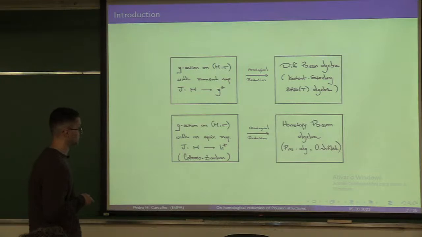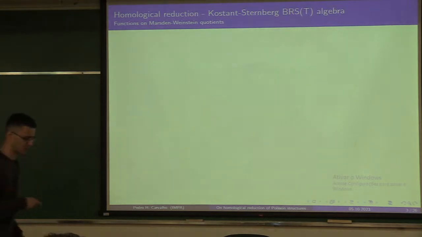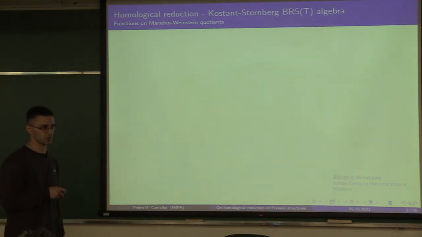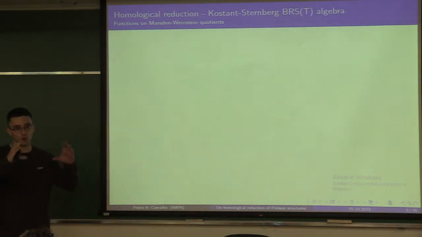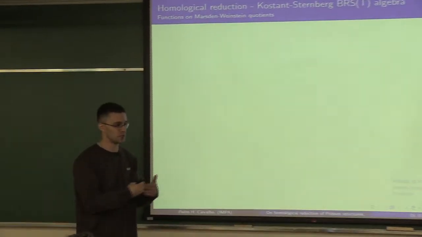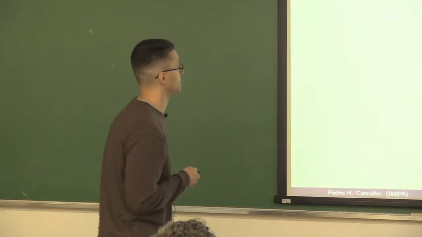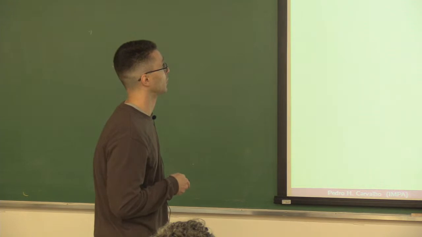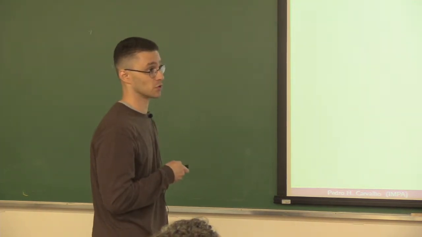So let me say what I mean by homological reduction in the usual Hamiltonian context. The idea is that you have a space, you take this reduction data, and you want to construct something that knows about the reduced space. I'm interested in functions on the reduced space, so a description of the functions on the reduced space.